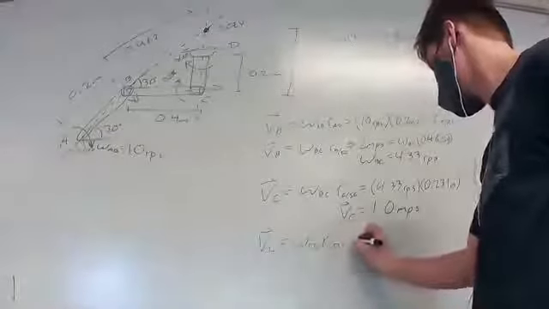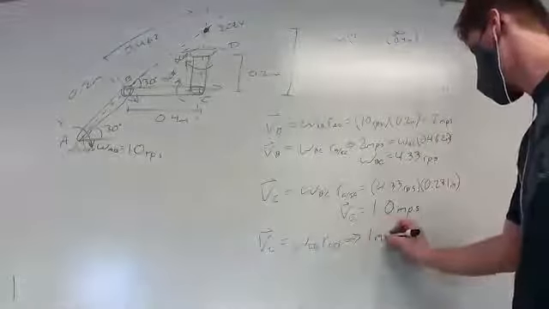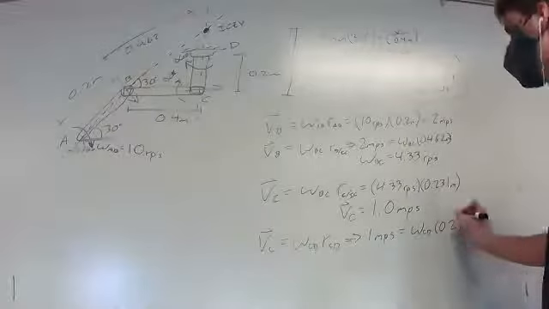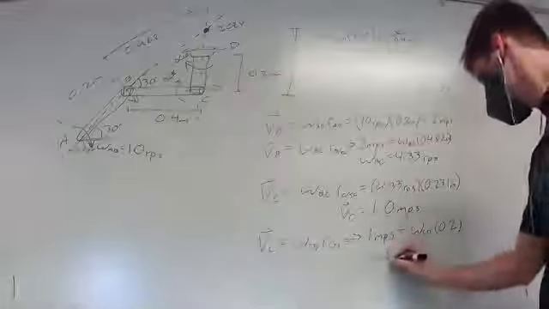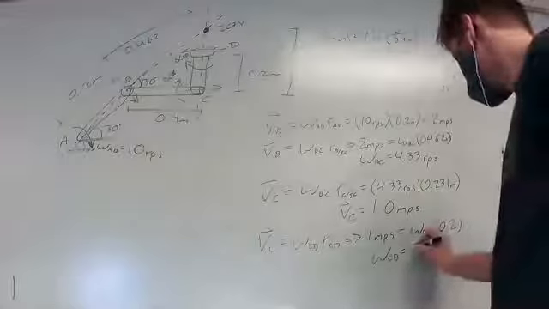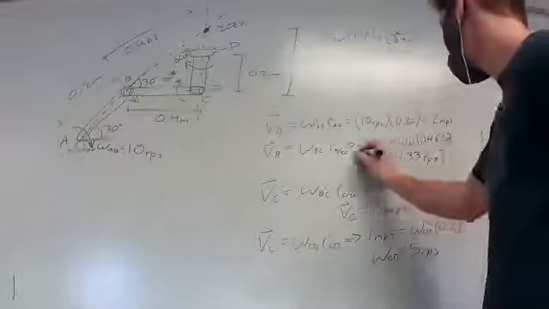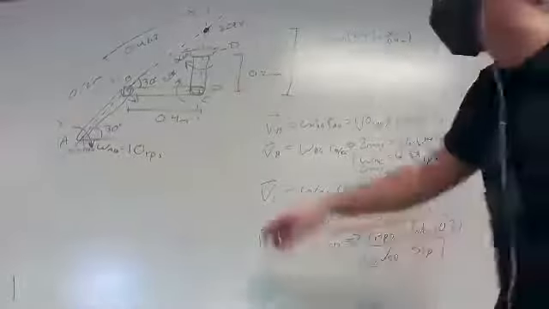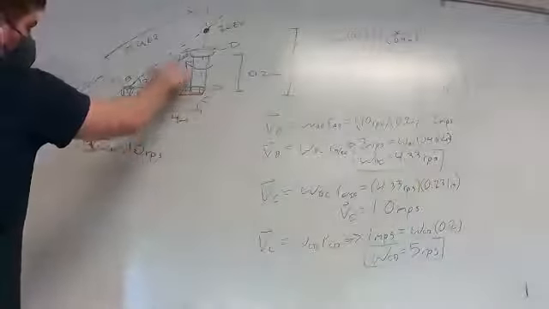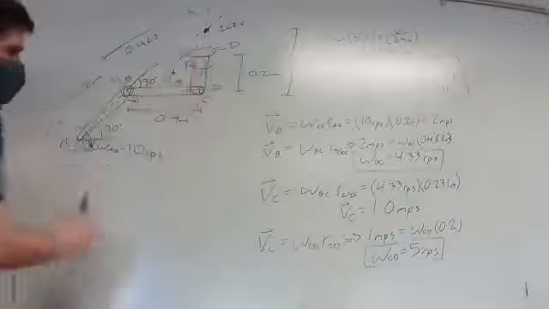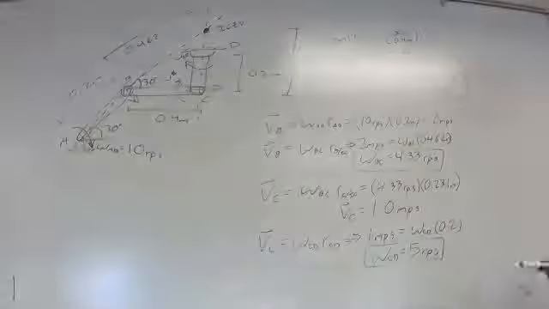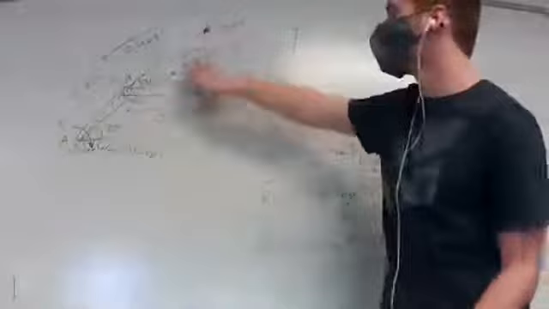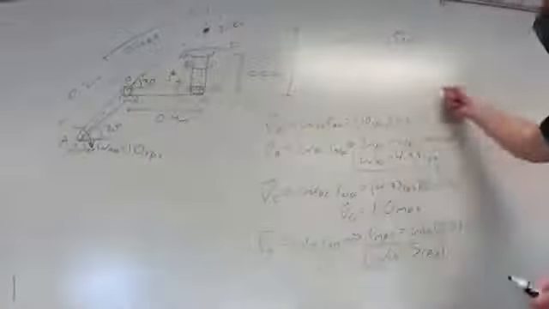So VC is, radians per second. So which we did of BC and CD, this member and this member.